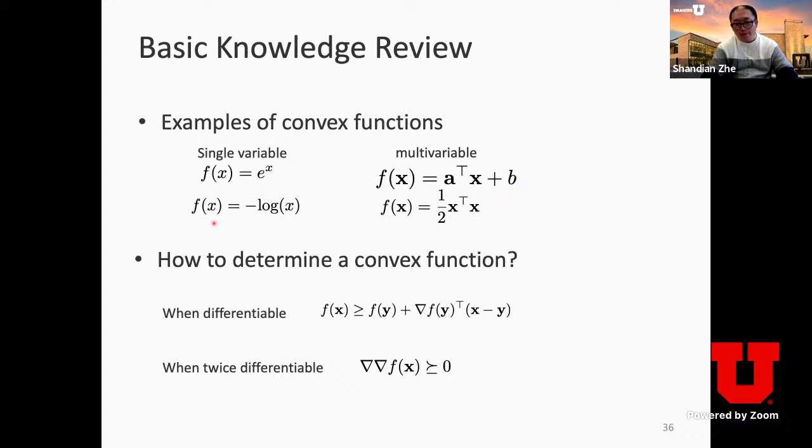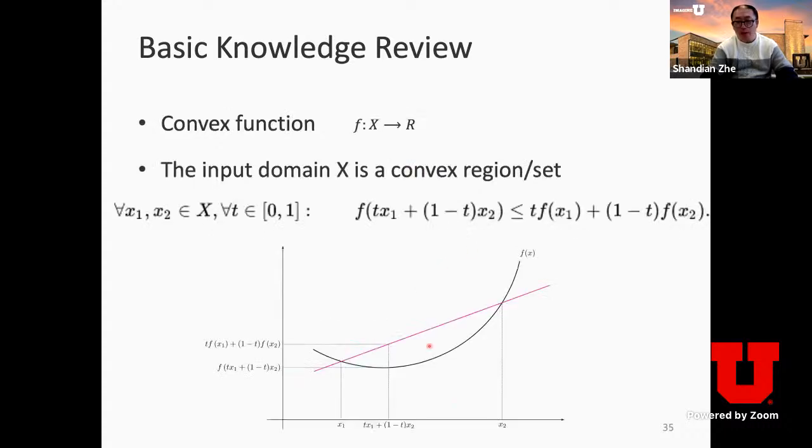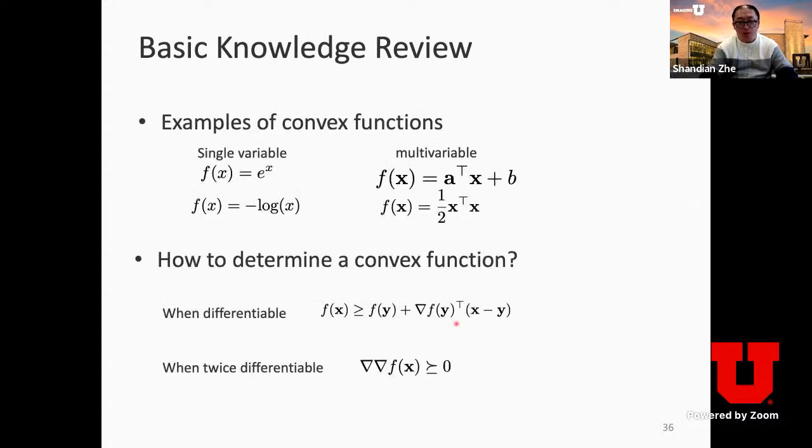And how can we check if a function is convex or not? One straightforward way is to use the definition, as we just mentioned here. But more commonly used test conditions are given as follows.